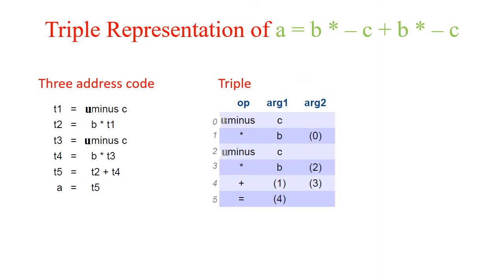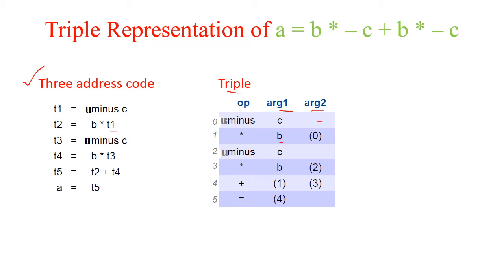So to represent this example in triple form, first we have to write the three address code, then we have to construct the triple. In triple we have three fields: operator, argument 1, and argument 2. The first statement is unary minus C, operator is unary minus, argument is C, and this one is blank. The second one is star B, and it requires the result of T1.